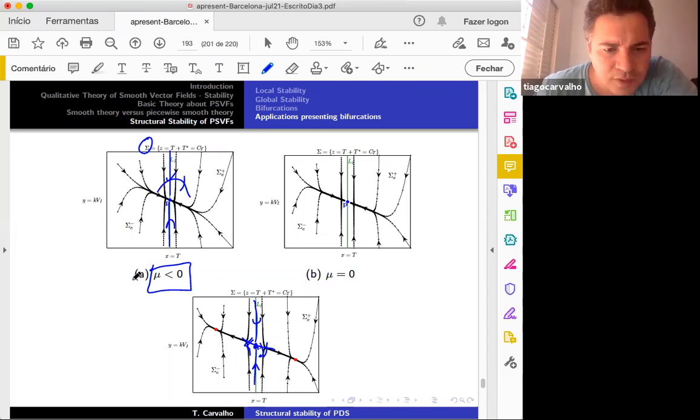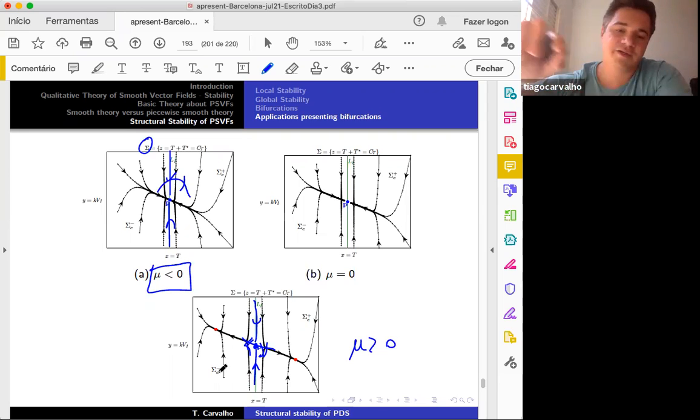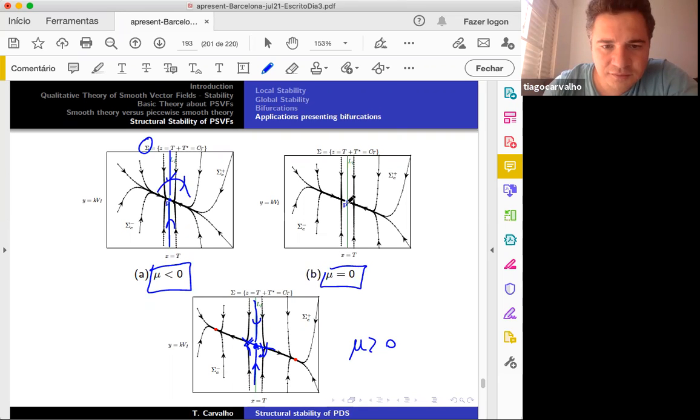So for me positive, point P behaves like a saddle for this crossing dynamics. And of course, for me equals zero, it's a weak attractor.